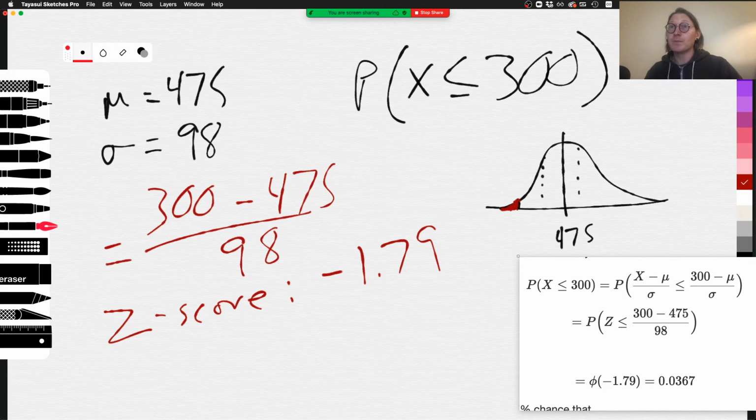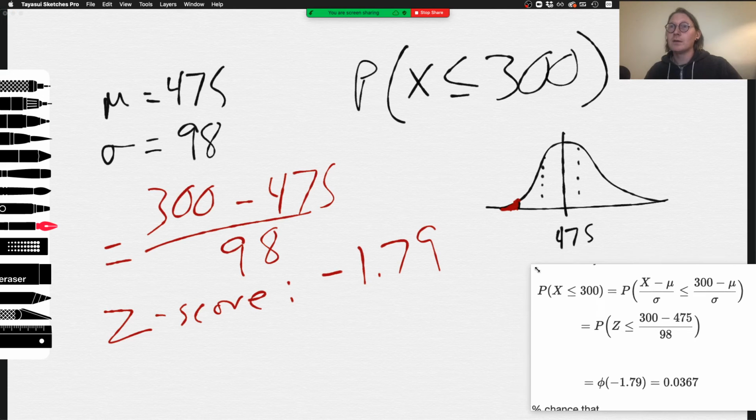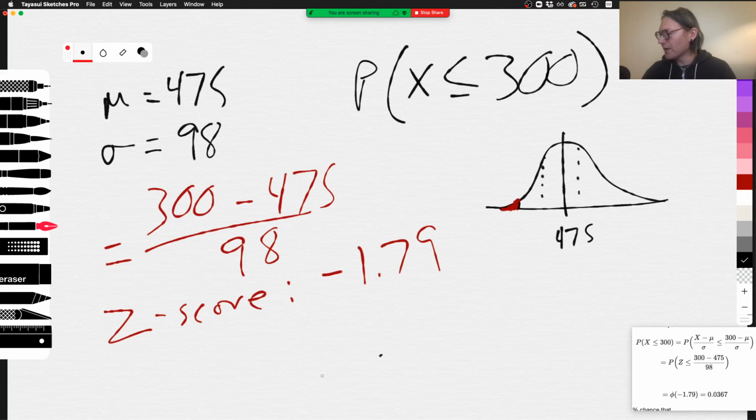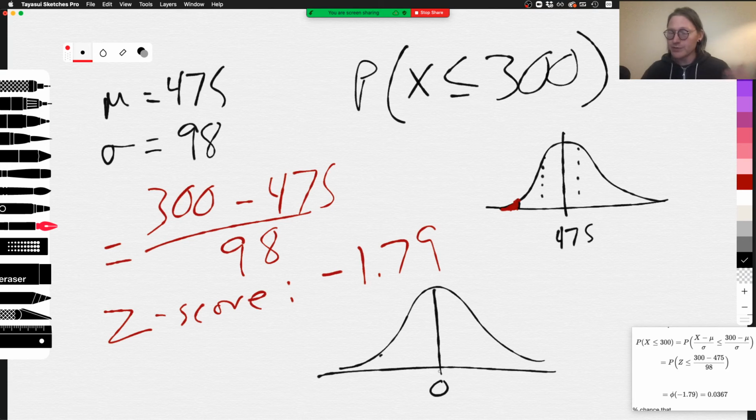If we think about this in terms of a standardized normal distribution, then I think there's a way that maybe this can click into place a little bit better. So we've got this standard normal distribution centered at 0 with a mu of 0, right? Standard deviations are, right, here's our negative 1, and we're looking at something somewhere down here at negative 1.79.